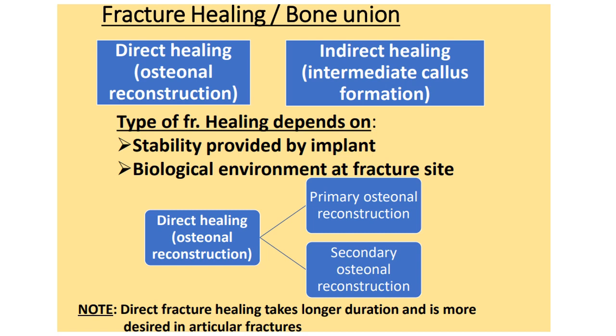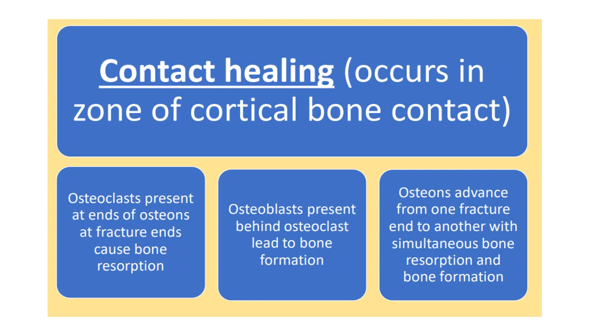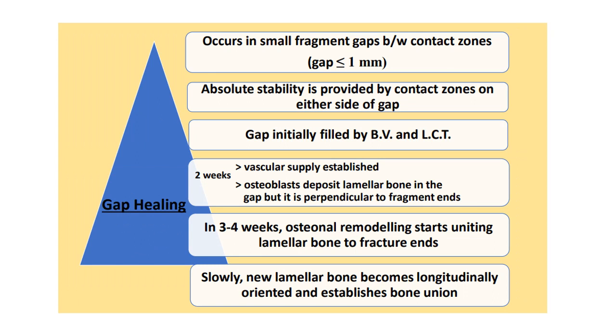Direct healing again has two types: primary osteonal reconstruction and secondary osteonal reconstruction. And primary osteonal reconstruction again has two types: contact healing and gap healing. Contact healing occurs in the zone of cortical bone contact, and gap healing occurs in small fragment gaps between contact zones.